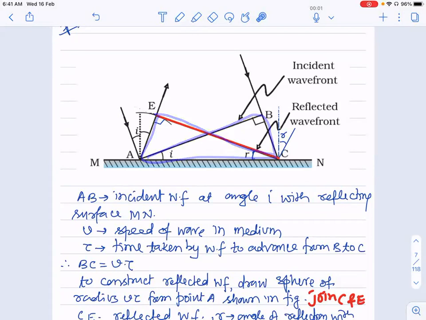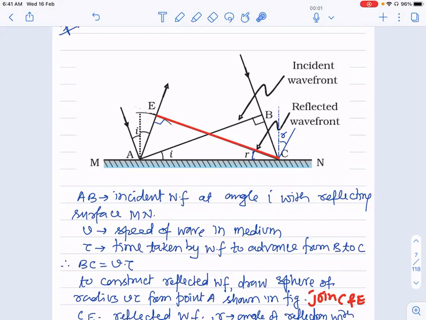How they are similar? एक तो एंगल 90 हो गया, दूसरा जो है ये साइड AE is equal to BC and AC is common. So 3 points are common, they are similar, therefore angles, these angles I will be equal to R.